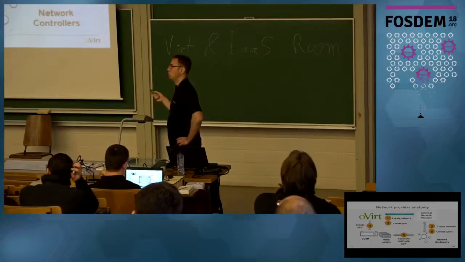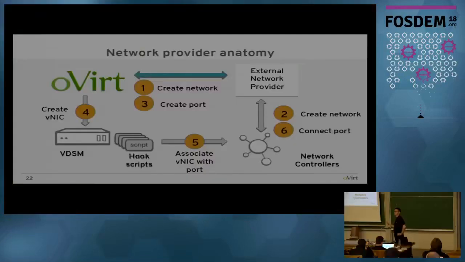The second operation, we would be creating the port, the VNIC on our VM. We would tell oVirt that we want this VNIC to be connected to this specific network. What oVirt engine would then do, first it would create a port on the external network provider. The external network provider usually would just create a mapping between the logical port and the not yet existing VNIC in the system.